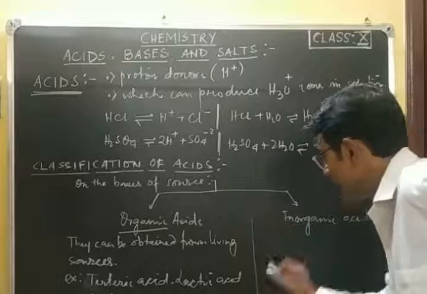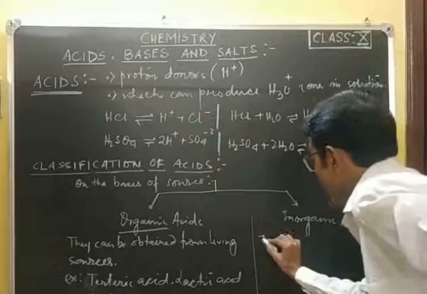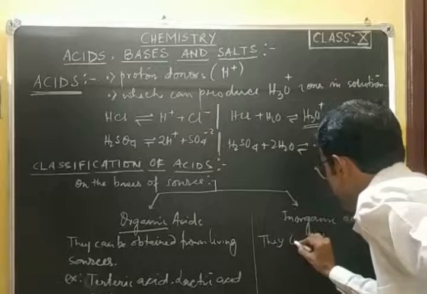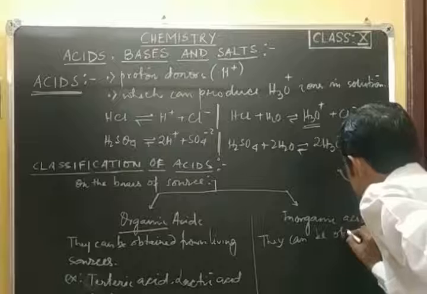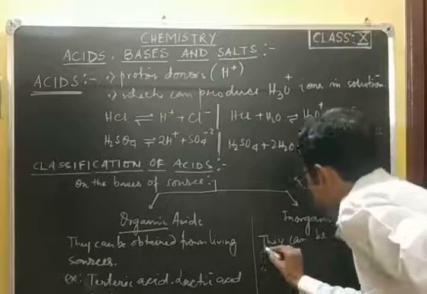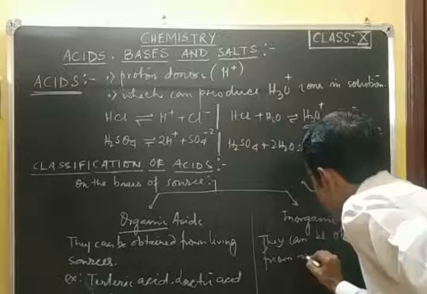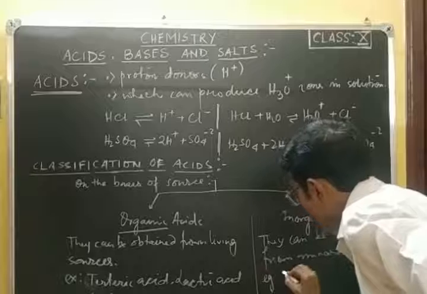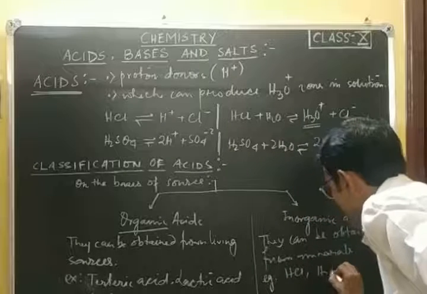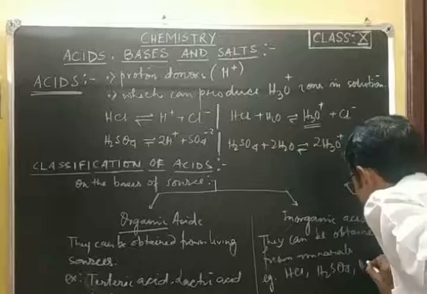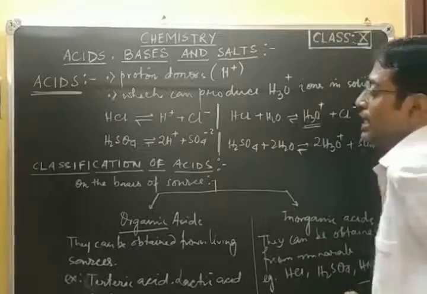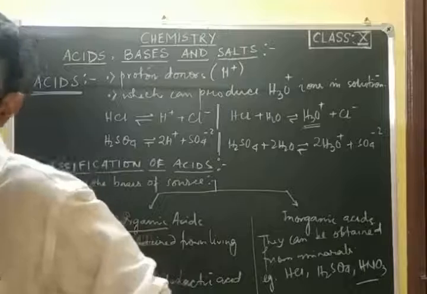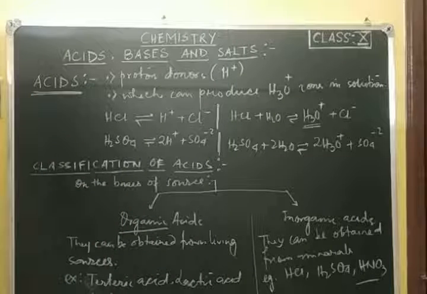So inorganic acids can be obtained from minerals. These are easy examples. We all know hydrochloric acid, sulfuric acid, nitric acid, all are examples of inorganic or mineral acids. So with respect to the source from where the acids can be obtained, acids can be classified into two categories, organic and inorganic acids.